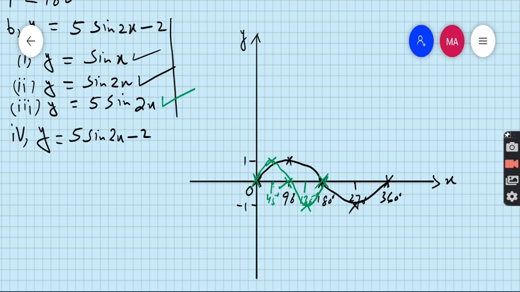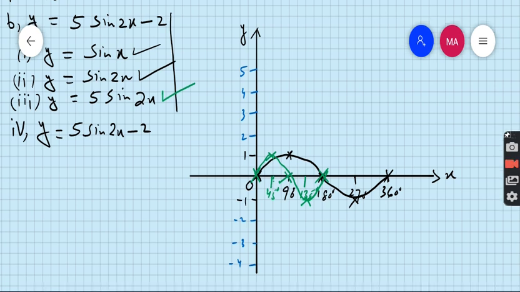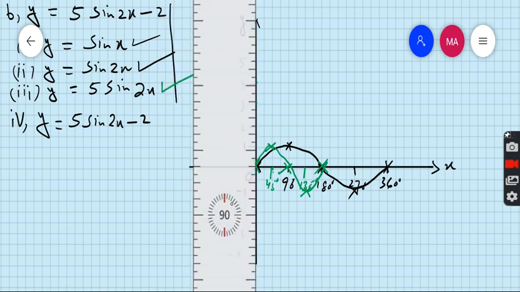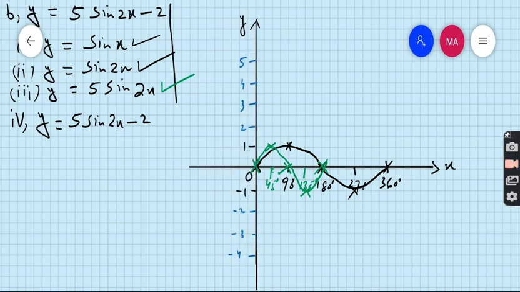For 5 we have to mark 2, 3, 4, 5, and minus 2, minus 3, minus 4, and minus 5.